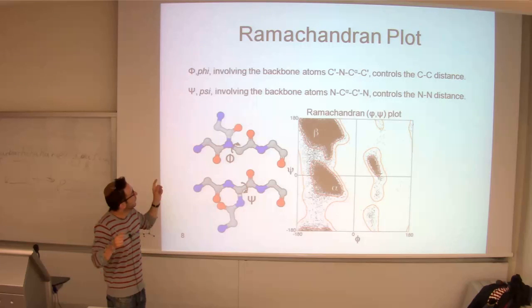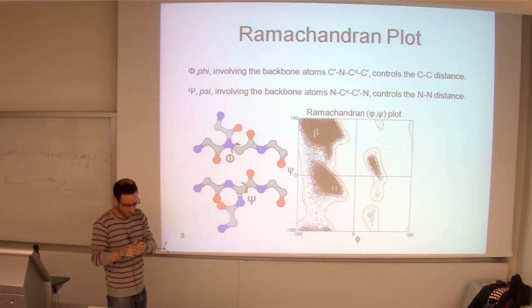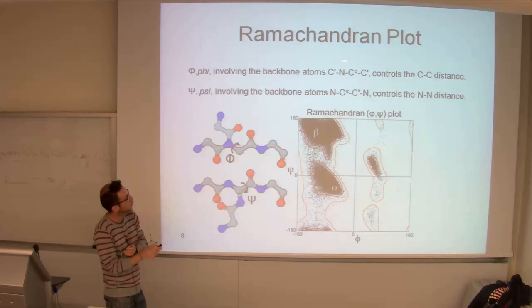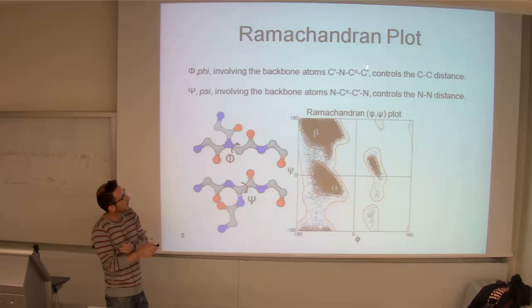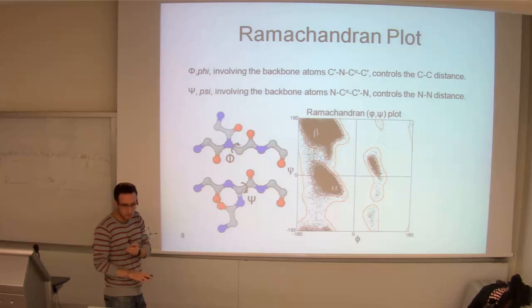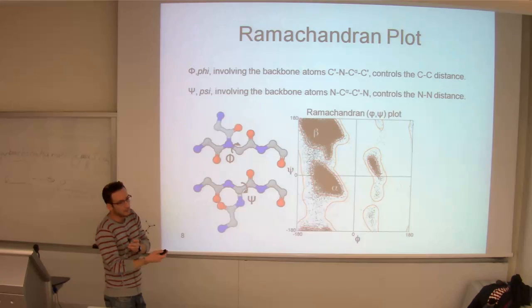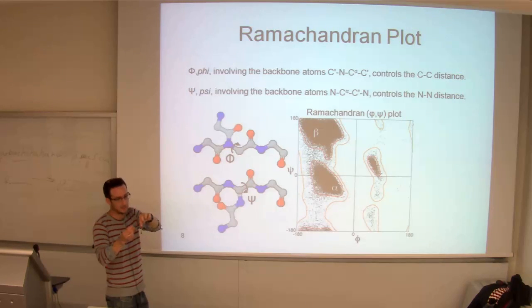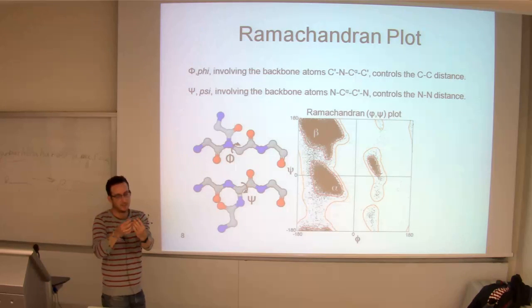So again, phi, the first one, is the angle that is between 2 planes. The plane that's defined by C tag and C alpha, and the second plane, N C alpha C tag. To make it more simple, it's the angle that when you change it, you will rotate around the N C alpha axis.